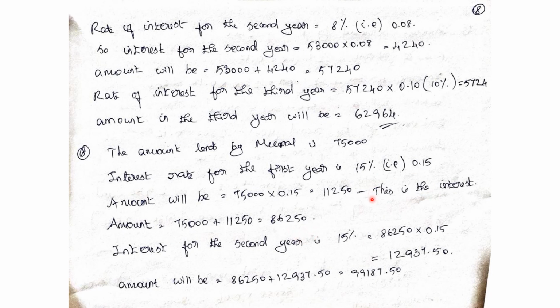Again, for the second year, the same rate of interest 15%. We should take this amount, 86,250 into 0.15. We'll get 12,937.50. The amount becomes 99,187.50.